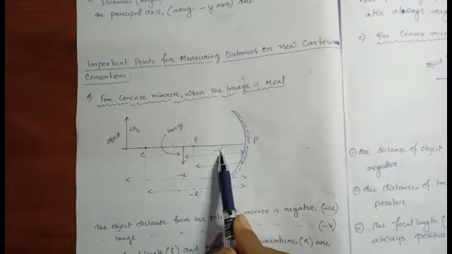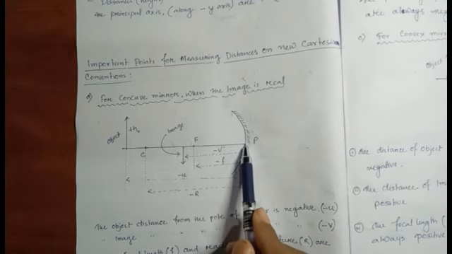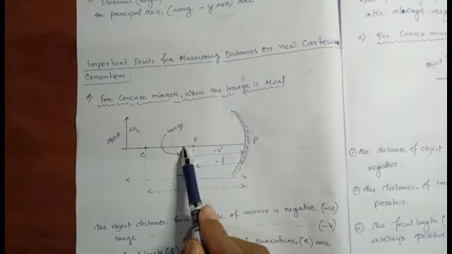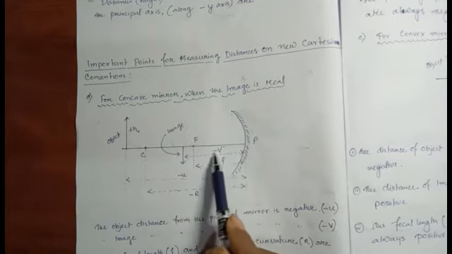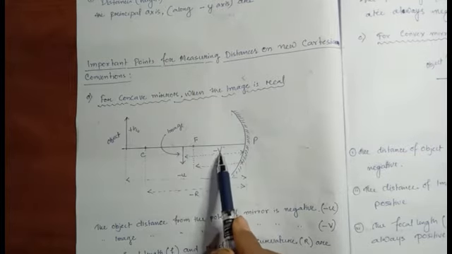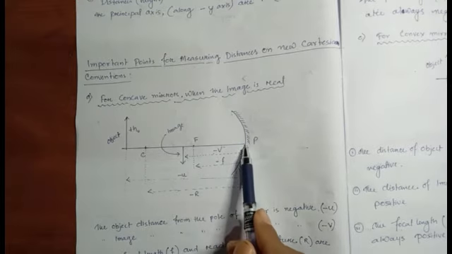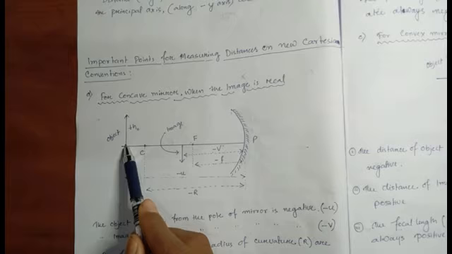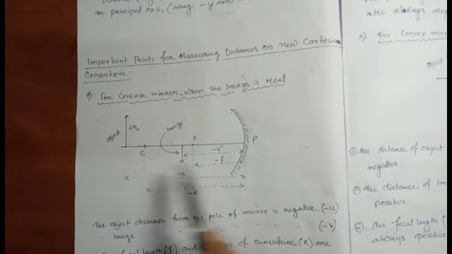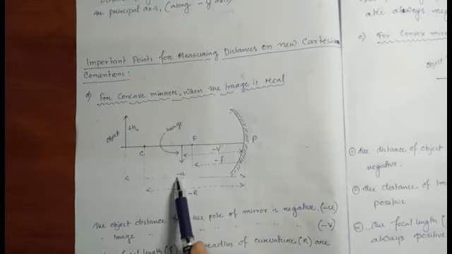And minus v, here you see, v is for image distance from the pole. If you measure the distance of the image from the pole, that will be negative v. Why negative v? Because image distance is negative as you are measuring to the left of the pole. And here it is the object. If you are measuring the distance of the object from the pole, that is represented by minus u.